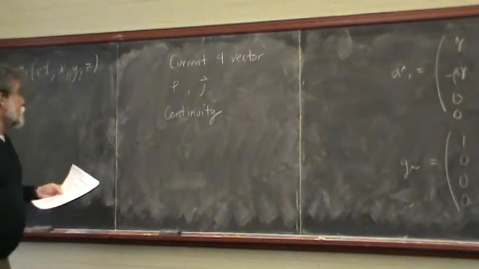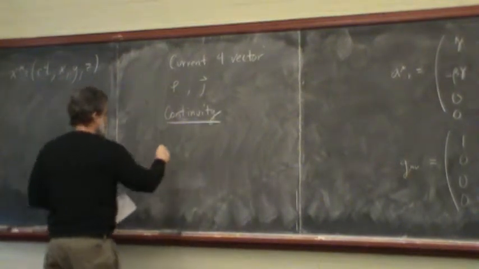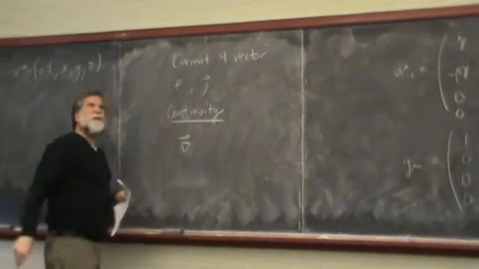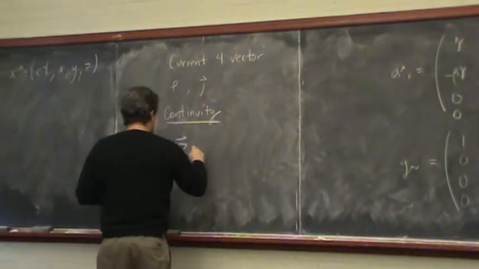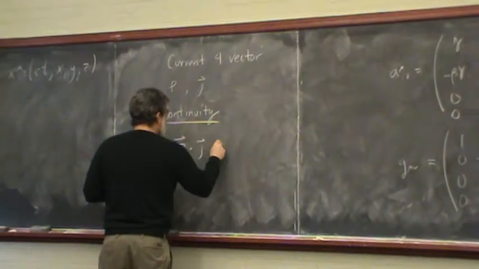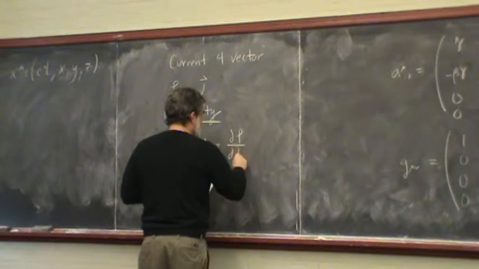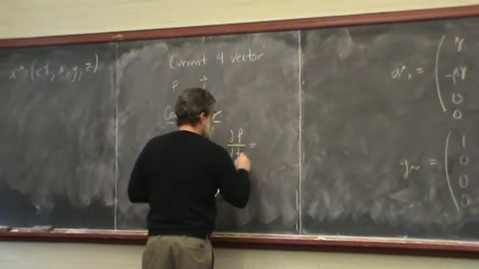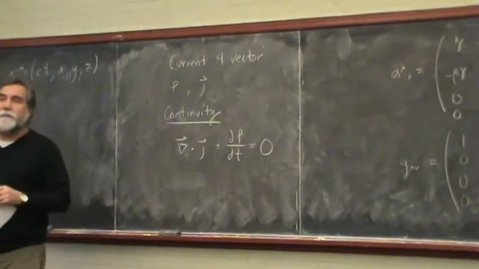If you like, it's Ampere's law, but Ampere didn't think about it this way. No, not Ampere. Kirchhoff's second law. Divergence of the current plus the rate of change of charge in a volume with respect to time adds up to 0, conservation of charge.